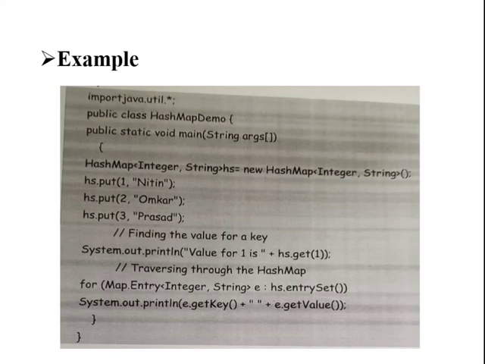Finding the values for the key: System.out.println value for 1 is plus hs.get 1. Traversing through the HashMap: for Map.Entry Integer, String e : hs.entrySet, System.out.println e.getKey plus e.getValue, curly bracket complete. This is the example that shows how we can use the HashMap.